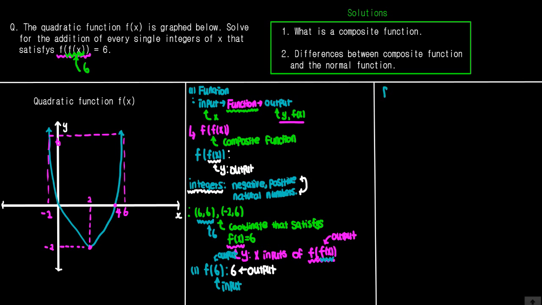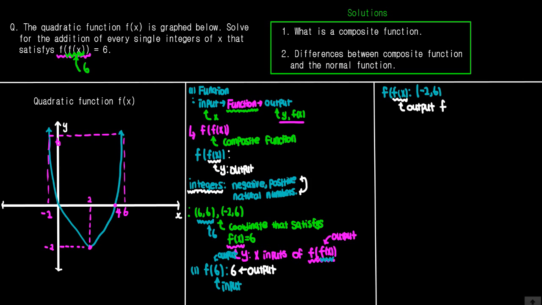Now let's prove the second one, which is negative 2, 6. Our original function was f of x. If you write our coordinate down, our coordinate was negative 2, 6. But if you just think about the inside of the parenthesis, which is f of x, it is the output of our function.